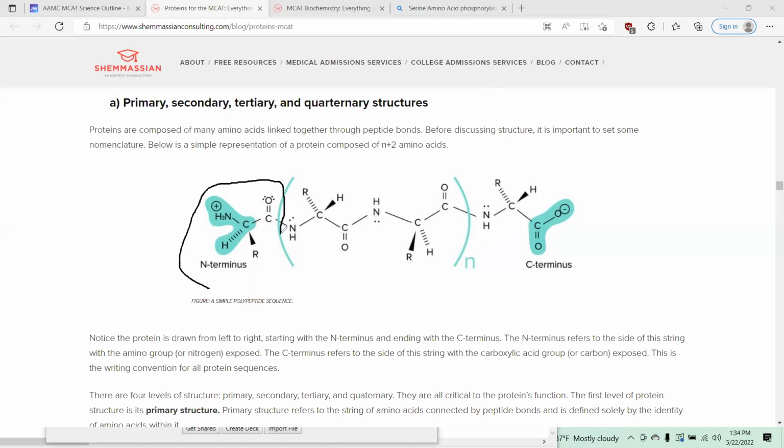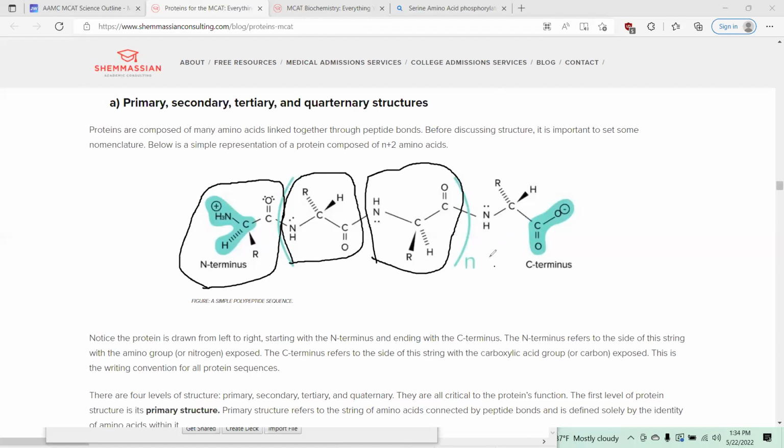Right here, between the C and the N, because this N is the start of a new amino acid, right? Just like this N. So this N is another one, all the way until the next CN, the next peptide bond. And then this one all the way until the next CN bond.